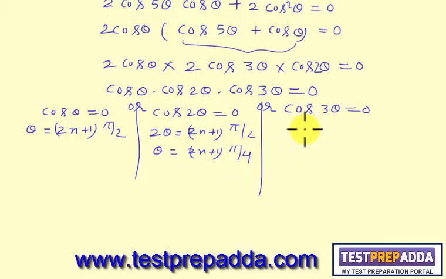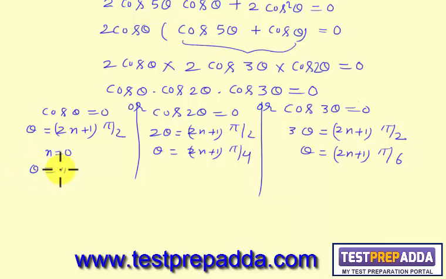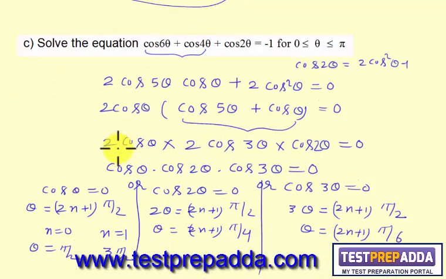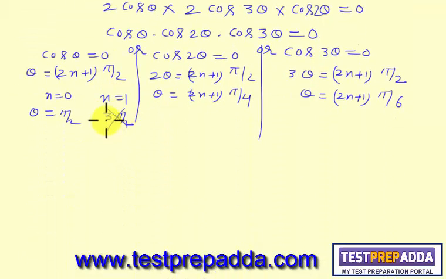And when cos 3 theta is equal to 0, I can write 3 theta is equal to (2n plus 1) pi by 2, or theta is equal to (2n plus 1) pi by 6. Now if I substitute n is equal to 0, theta will be pi by 2, and for n is equal to 1, theta will be 3 pi by 2. But the domain given is 0 to pi, so that is why we will not consider this one.